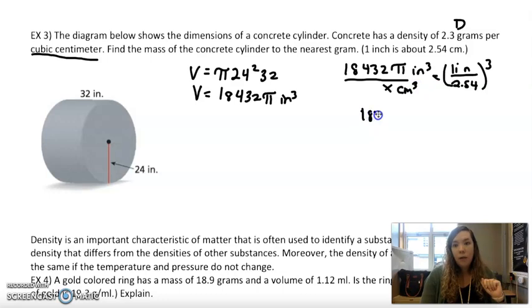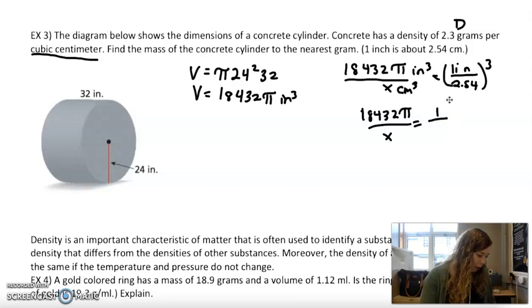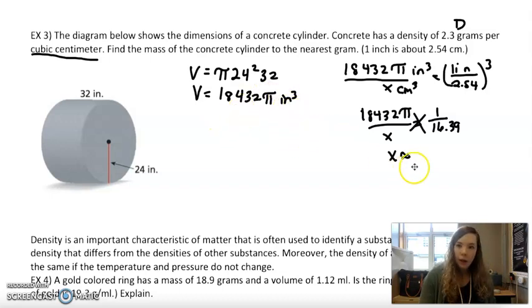So let's do 18,432 pi over x is 1 over 2.54 cubed, which is 16.39. We'll do 2 decimal places, and now we can cross multiply. So x would be approximately 409,076.65.